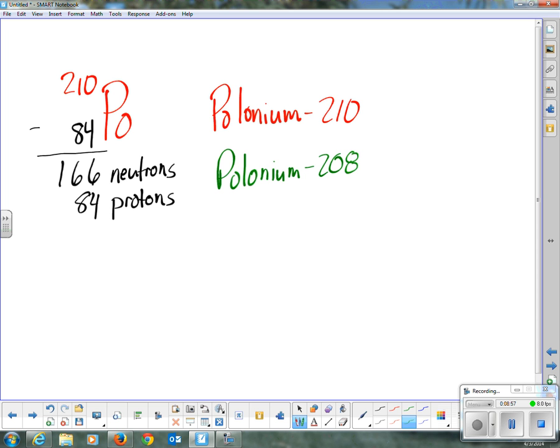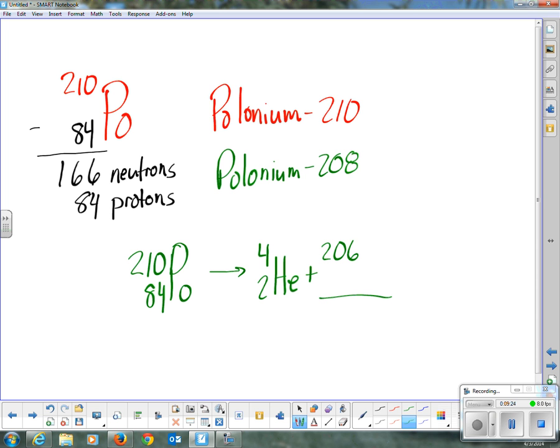Be able to write an equation. Say that I had polonium 210, and I'm just pulling this out of the sky, so this might actually not work. It's okay, it just gives you the basic idea. Say that it decayed and I got an alpha particle. What else would I get? So you need to be able to say, oh, 210 is equal to 4 plus what number? 206. 84 is equal to 2 plus what number? 82.